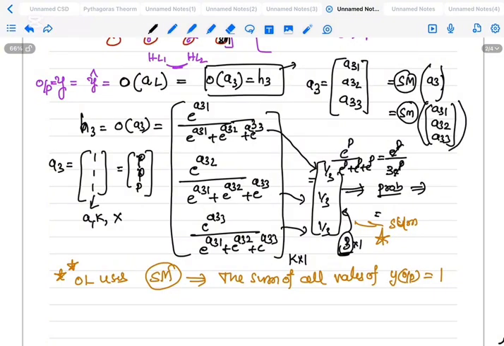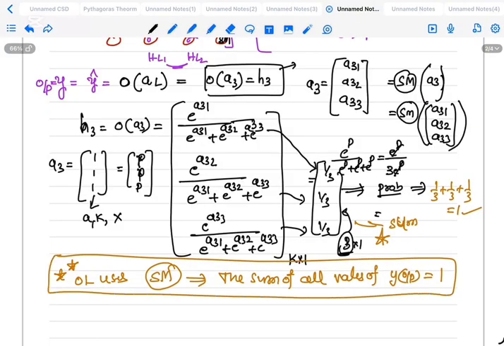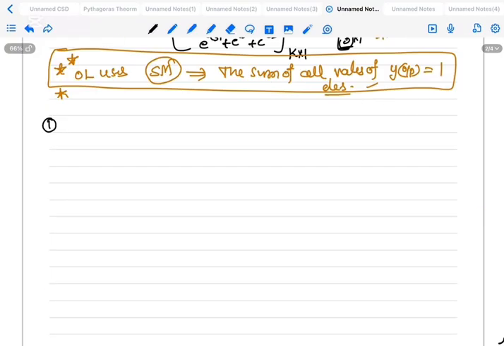If we sum all the values, 1 by 3 plus 1 by 3 plus 1 by 3 equals 1. Very important. Without calculation you can remember: if they ask for the sum of all the elements in this matrix, you can write the answer as 1.0 or 1. Okay, every time they are asking about cross entropy loss.